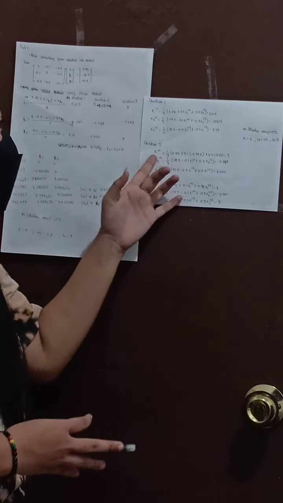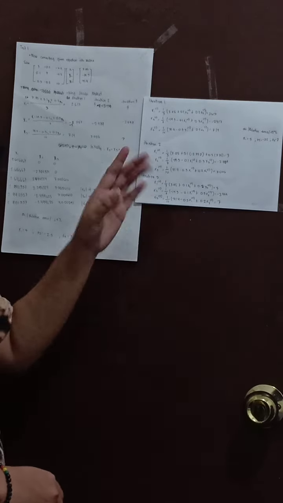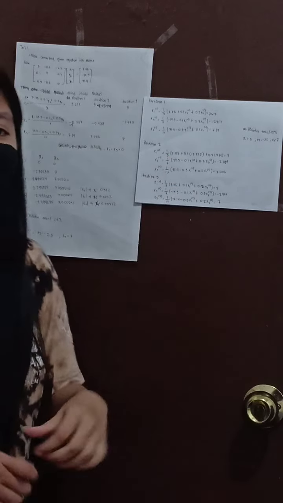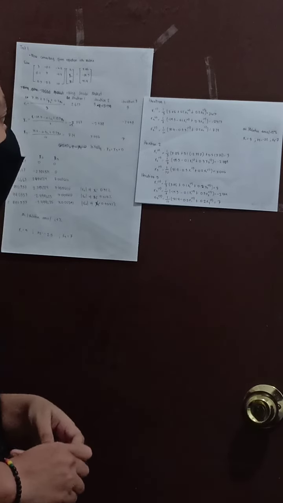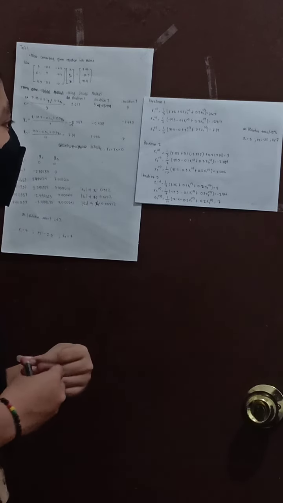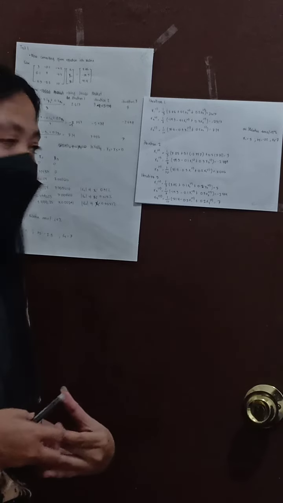So iteration 2: x1 to the power of 2 equals 1/3 times 7.85 plus 0.1 times negative 2.757 plus 0.2 times 7.14, which equals 3. Then x2 to the power of 2 equals 1 over 7 times negative 19.3 minus 0.1 times 3 plus 0.3 times 7.14, which equals negative 2.489.